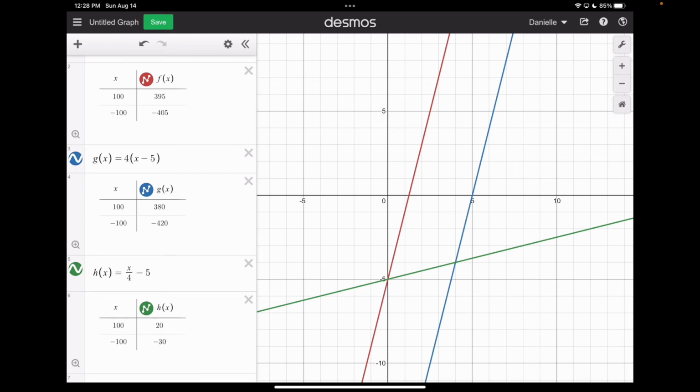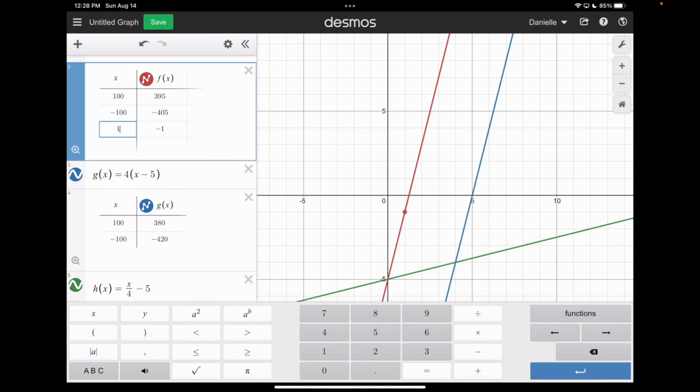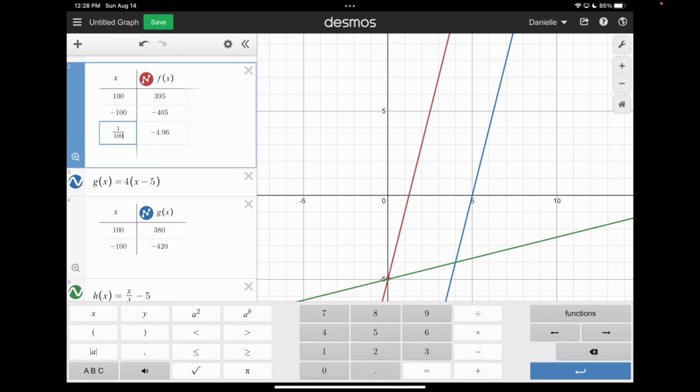I know our very last one was 1 over 100. So let's look at that. So if I go to my first one and I put in 1 over 100, I get negative 4.96.